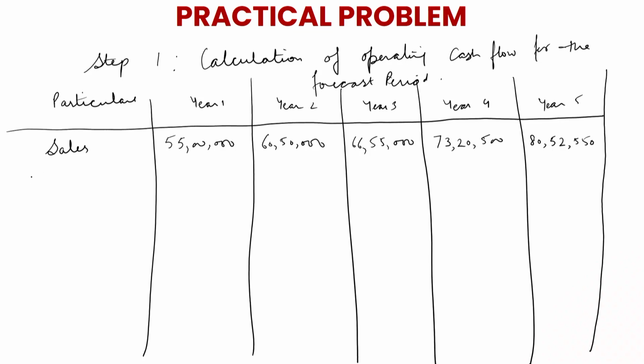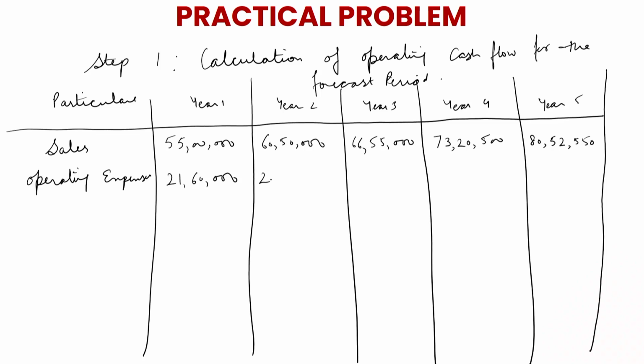Similarly, next we take up the operating expenses. As mentioned in the question, it is 20 lakhs and the growth in the same is given at the rate of 8% per annum. In similar fashion, we add 8% of the 20 lakhs. So we reach the figure of 21 lakh 60,000.